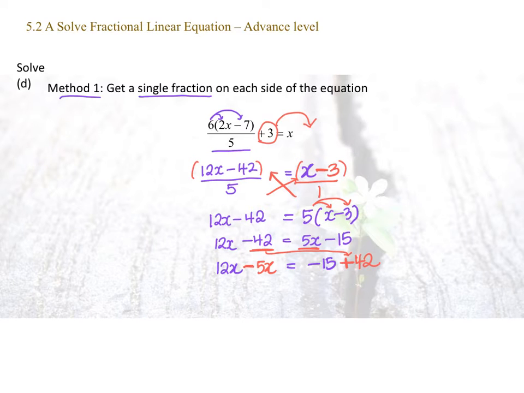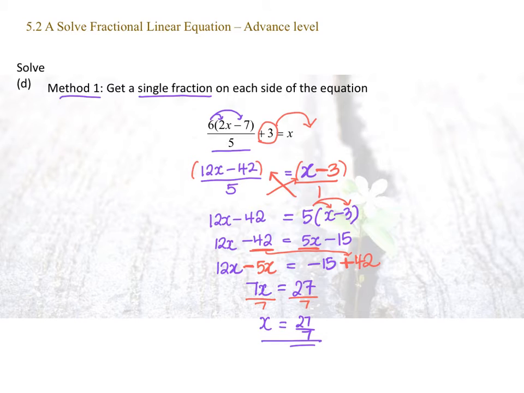So simplifying the equation, we will have 7x equals 27. And 7 units of x is 27. So how do we find 1 unit? So x will now be 27 over 7. Have you gotten the answer?